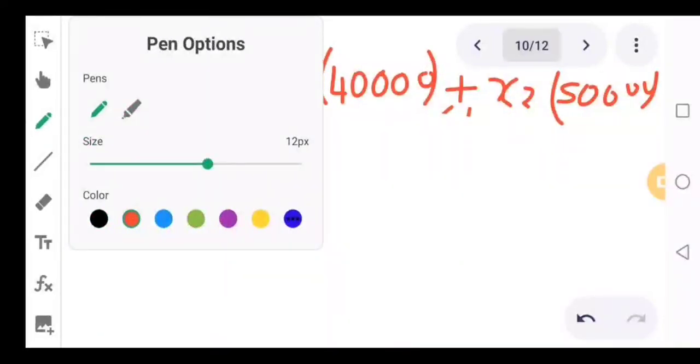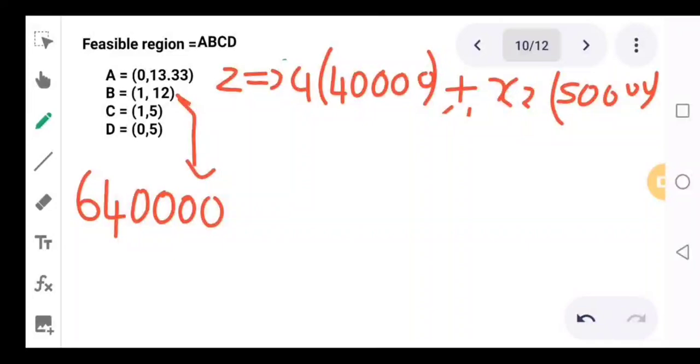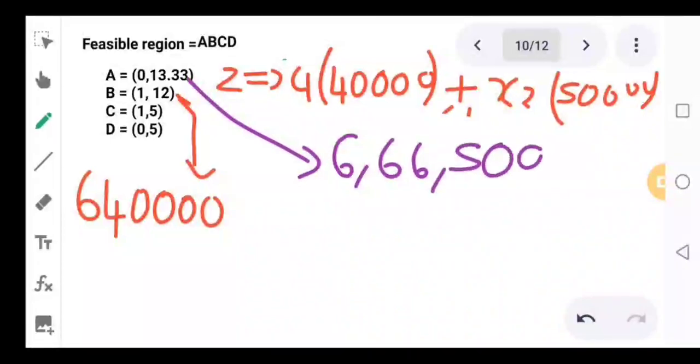Now let me see what the answer will be if I take A as the optimal solution. x1 is equal to 0, so 0 into 40,000 is 0, plus x2. x2 is 13.33 into 50,000. Let us solve this. You can use a calculator for the same. 13.33 into 50,000 will give you 6,66,500.